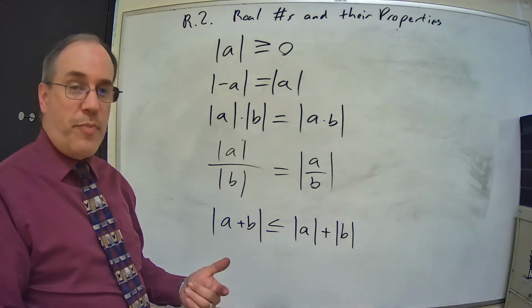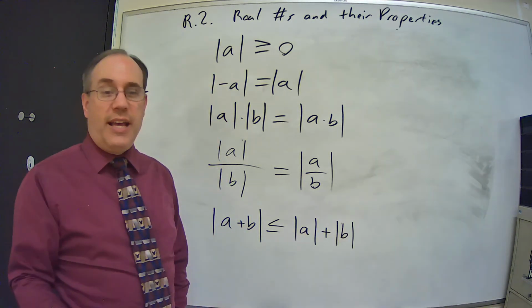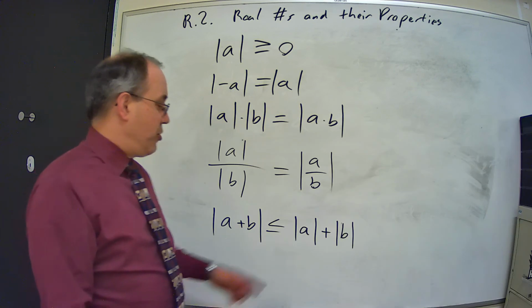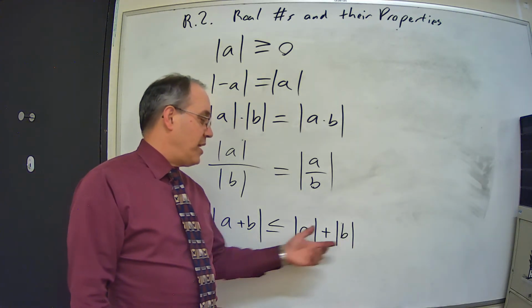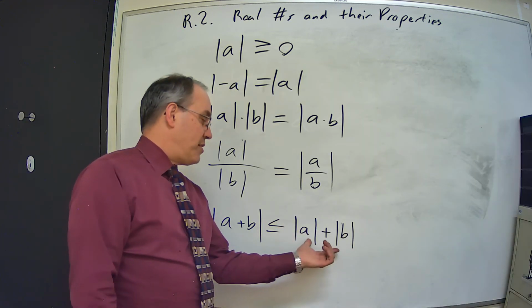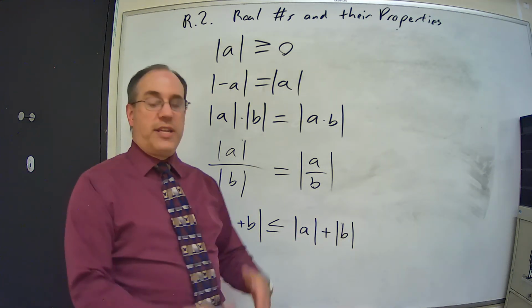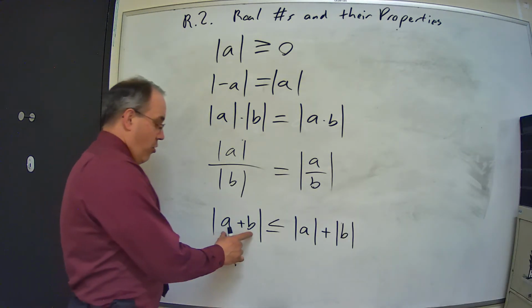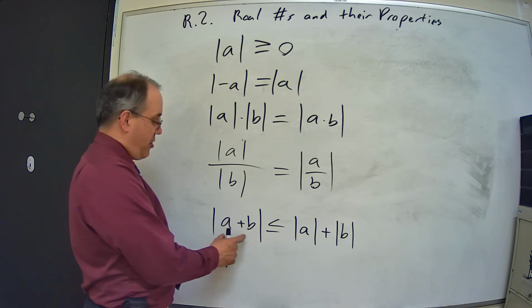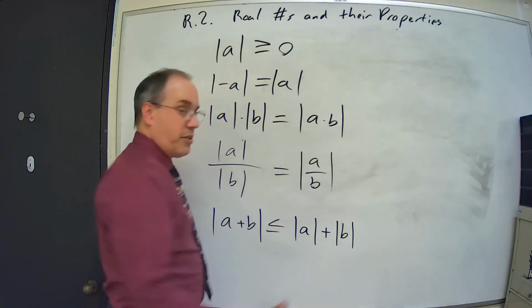Now, if you think about it, that should make sense if you're dealing with signed numbers. If you're adding two numbers with the same sign, then you're just going to add them and keep the sign. It doesn't matter whether the signs are positive or negative; by the time you take the absolute value, it's going to be positive, so this gives you the same result as adding the absolute values.